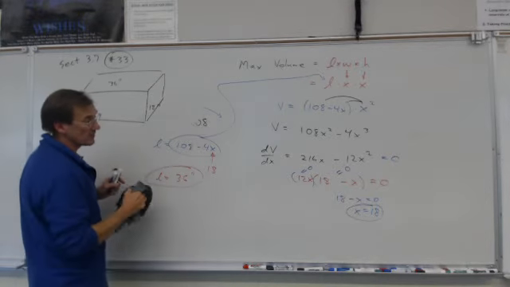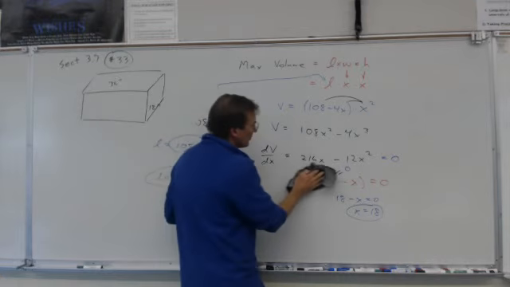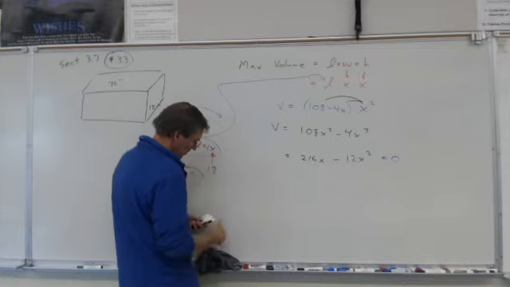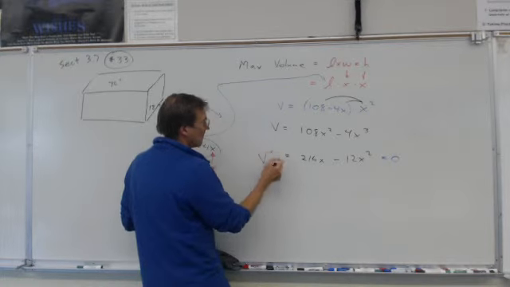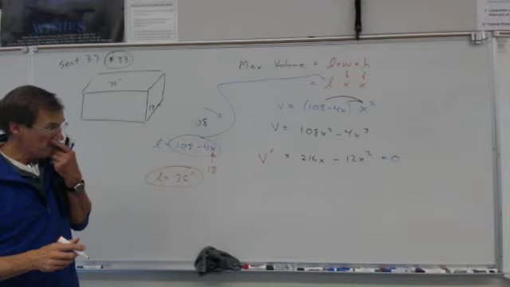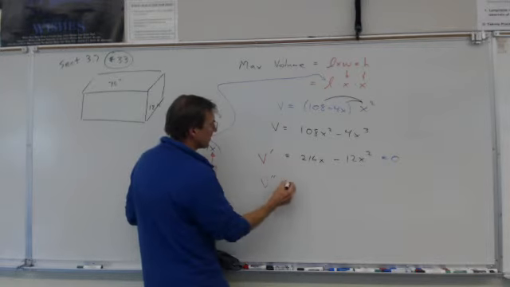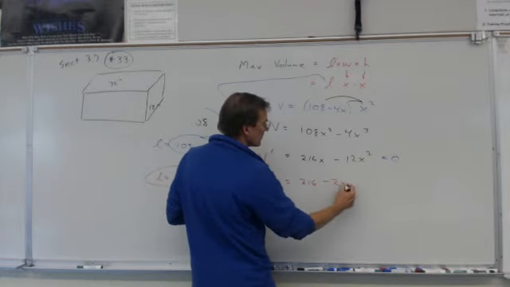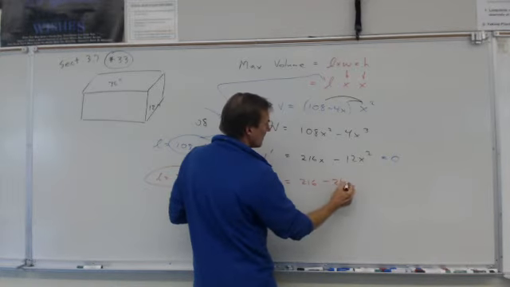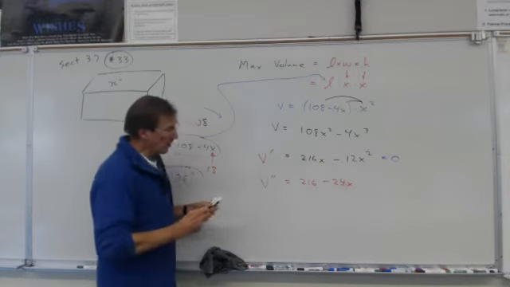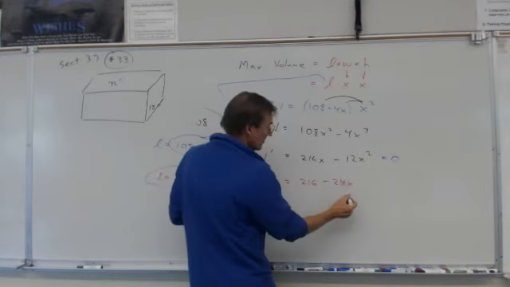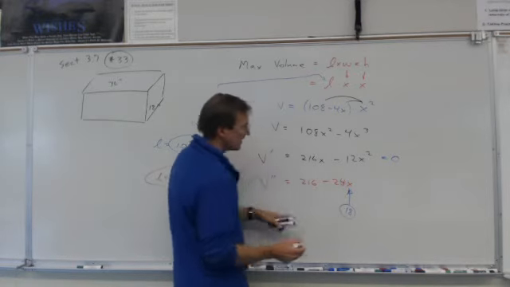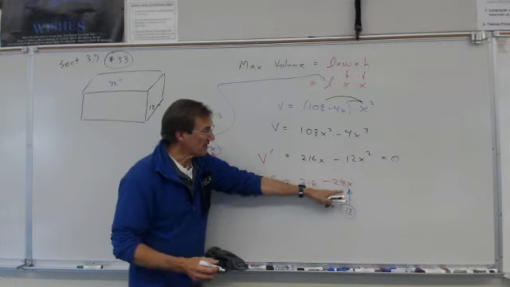Let's do the second derivative and see if it really does work out that way. So here's our first derivative: V prime equals 216x minus 12x squared. If I take the second derivative, V double prime, I get 216 minus 24x. What I have to do is put 18 in here. I want to put my extremum value in there and see what that equals.